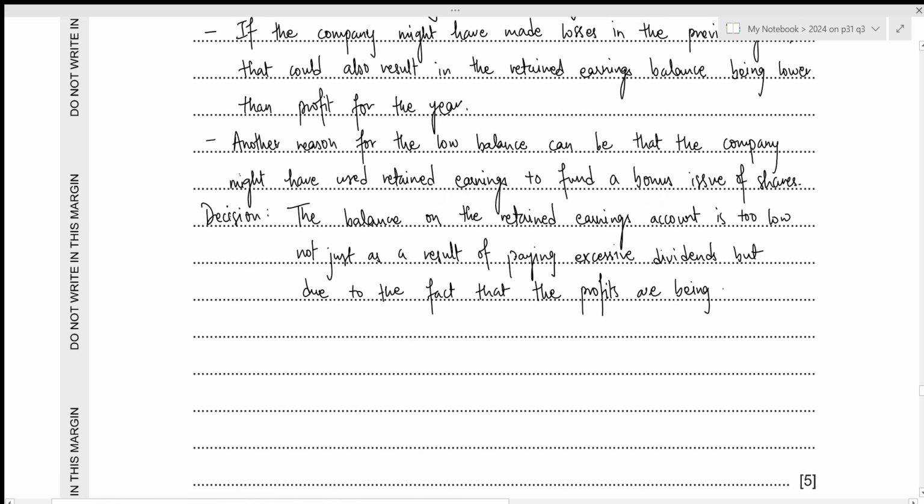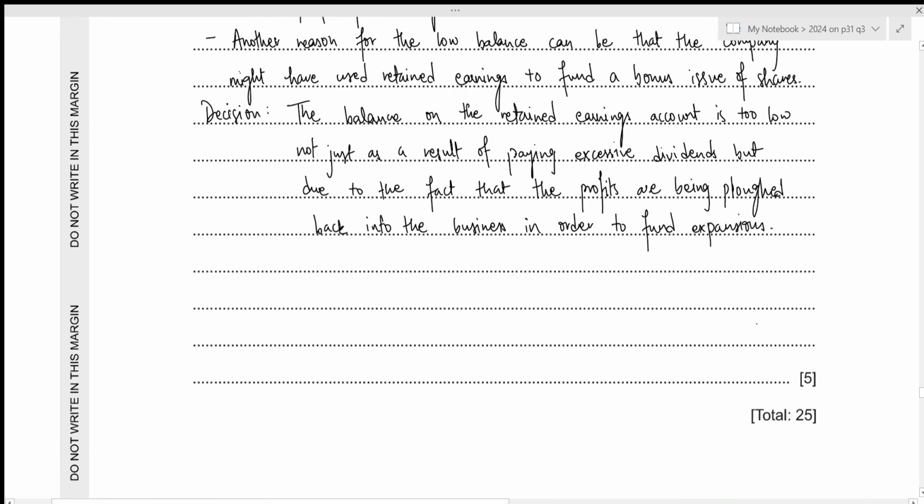It just means that the profits are being invested into the business in order to fund expansions. Alright, that is all for this part as well as the entire question.